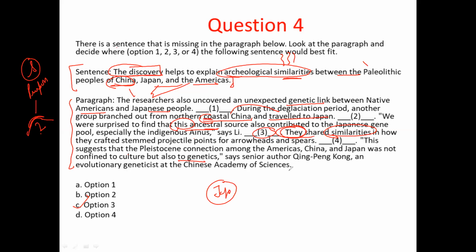And after option number 3, it describes the archaeological similarities such as crafting of stemmed projectile points for arrowheads and spears. So this is the archaeological similarity, right? That is the reason that 3 is the best, as it bridges a gap between the genetic discovery and the archaeological evidence, which is highlighted through projectile points for arrowheads and spears, right? I hope you got this answer correct.